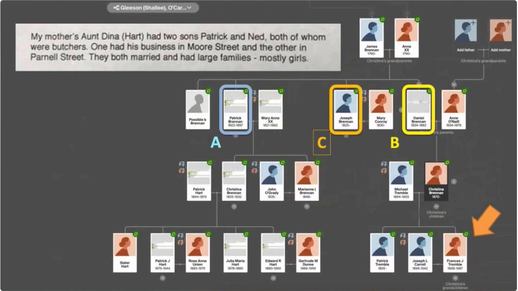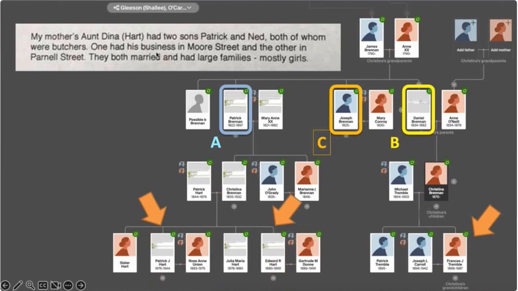Well, I did find something useful in them, because one paragraph in this typescript of her grandmother's recollections said, my mother's Aunt Dina Hart had 2 sons, Patrick and Ned, both of whom were butchers. Well, there's my grandfather there, and there's his brother, and they were both butchers.